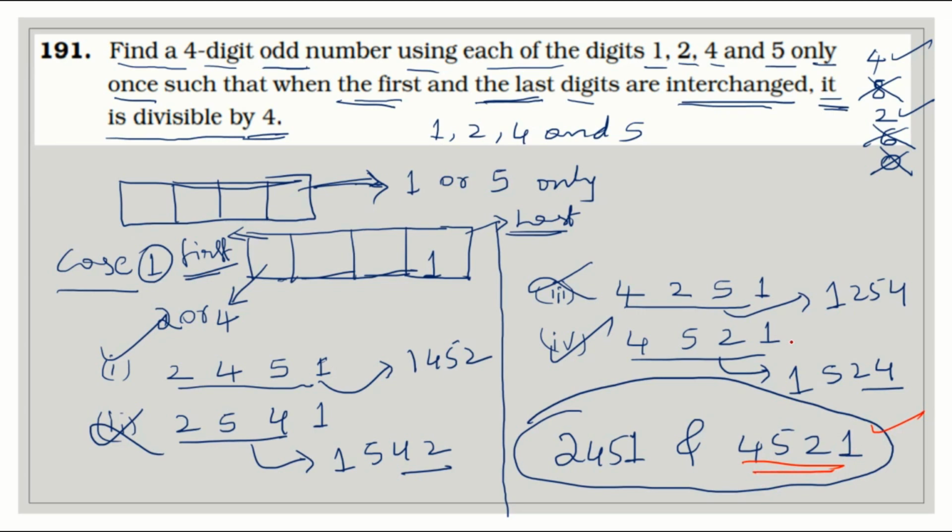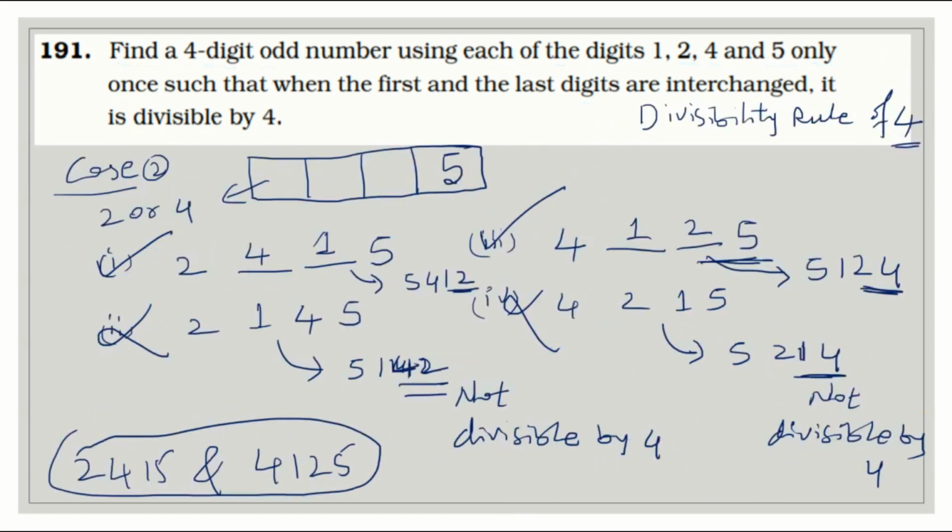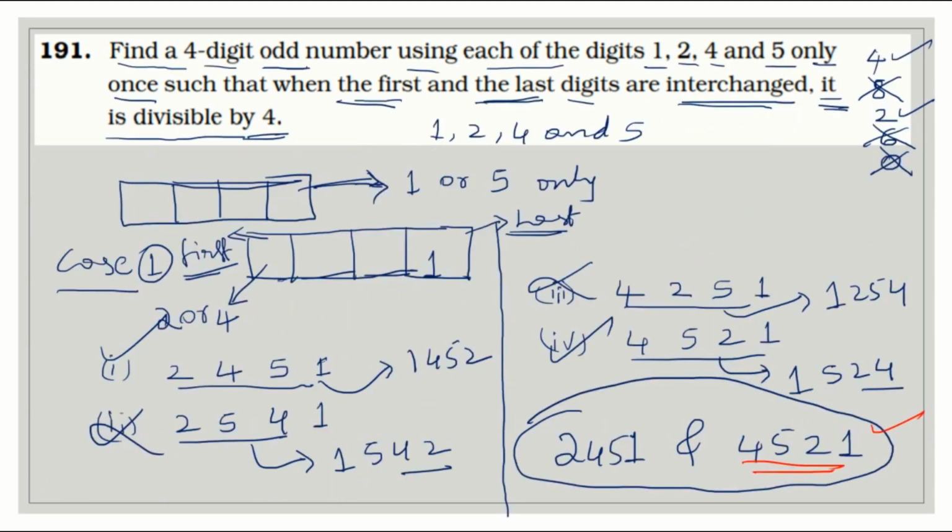Amongst these right answers, that is 2451, 4521, 2415 and 4125, he is choosing a greater one. He must have intended to say: find the greatest four digit odd number.